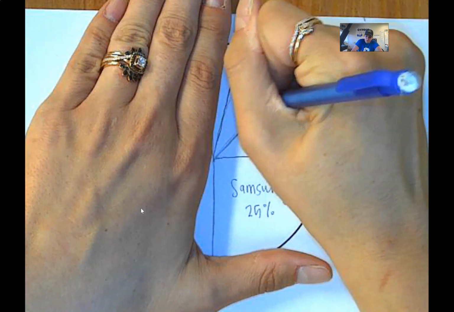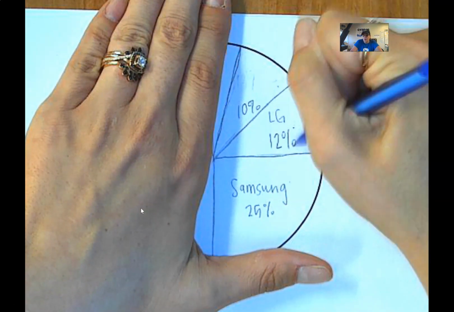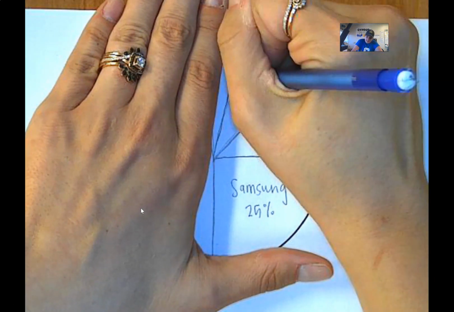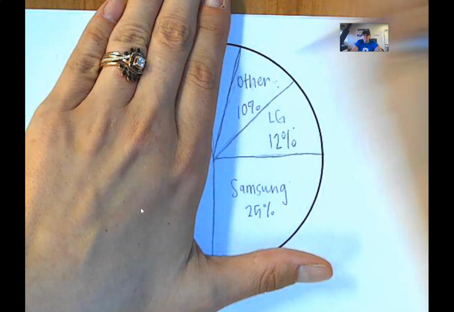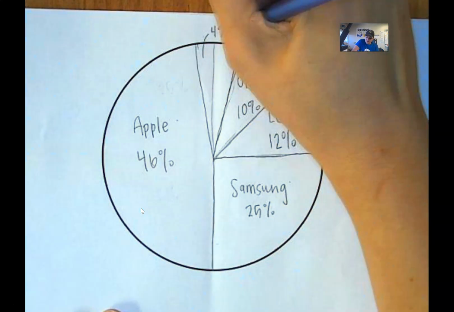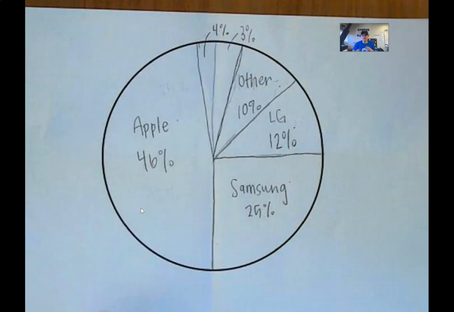This one is the other category. What we have here is 3% left over.